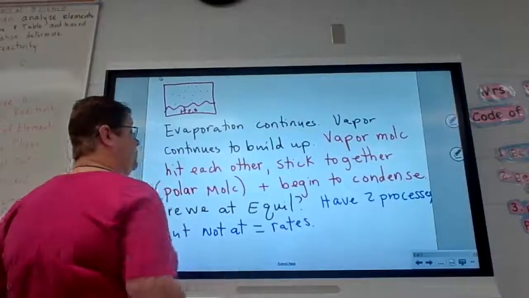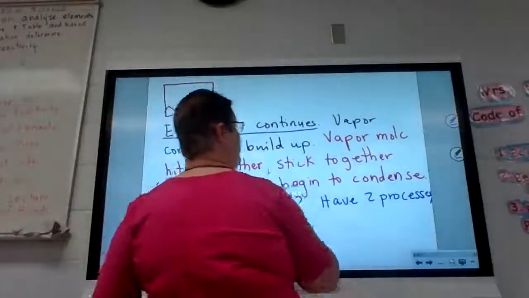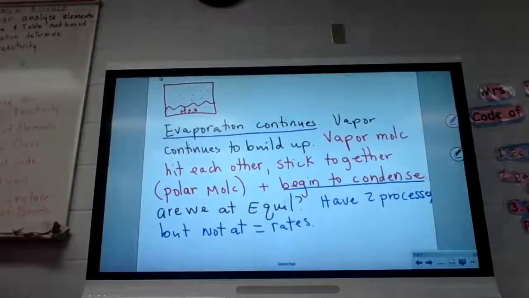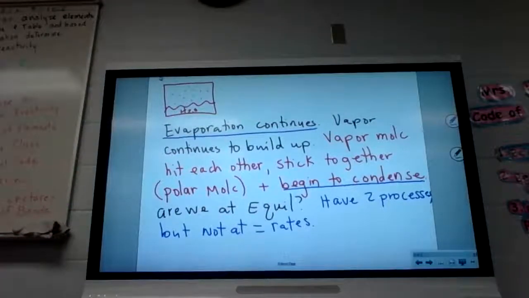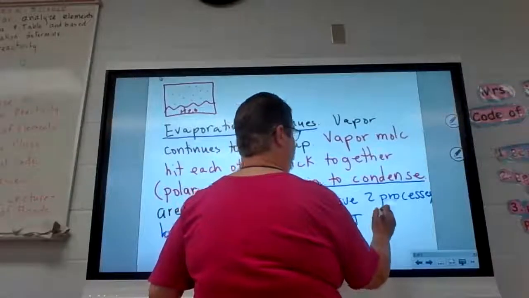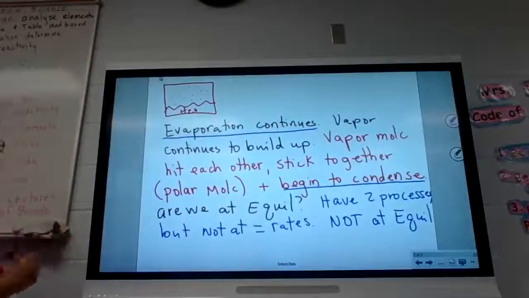Nowhere in this description does it say that we're at equal rates. It says evaporation continues and we're just beginning to condense. So, unless the question or the description says, point blank, the rates are equal, can you make that assumption? No. Never do. So the answer is no. We are not at equilibrium.